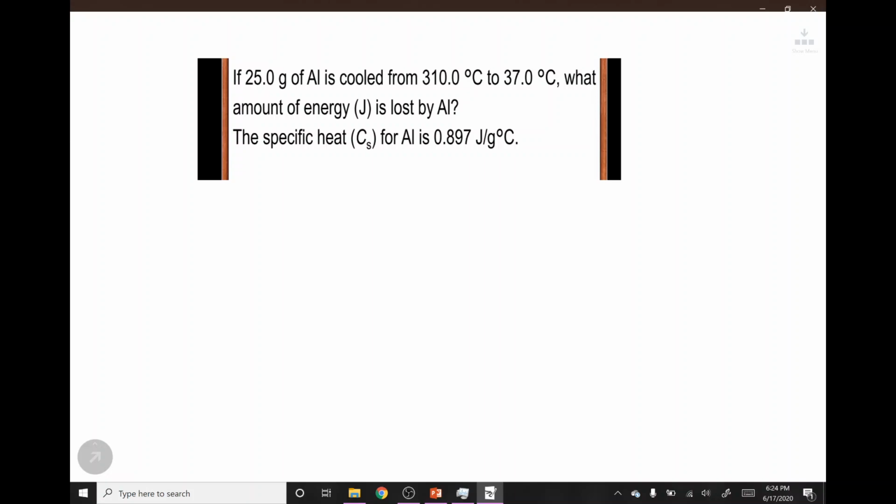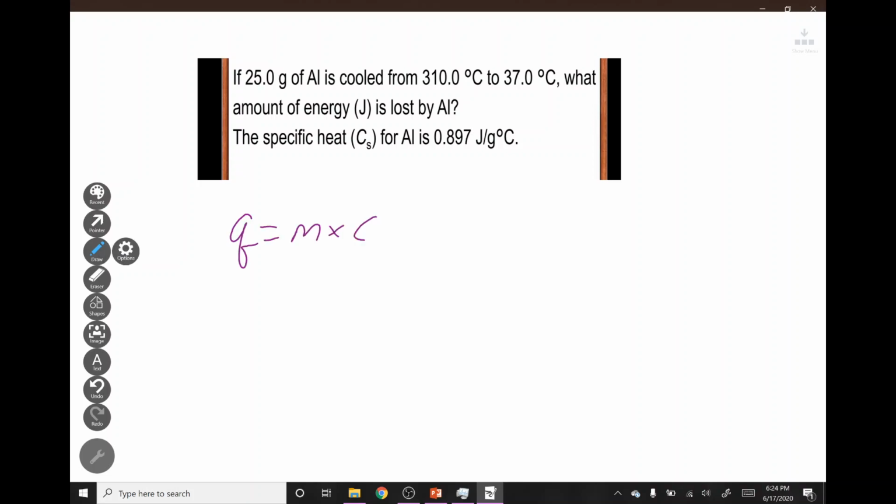It asks us if 25 grams of aluminum is cooled, and they give us some temperatures, what's the amount of energy lost by the aluminum? Remember, Q is equal to M times Cs times delta T.